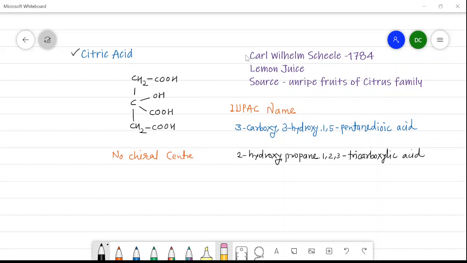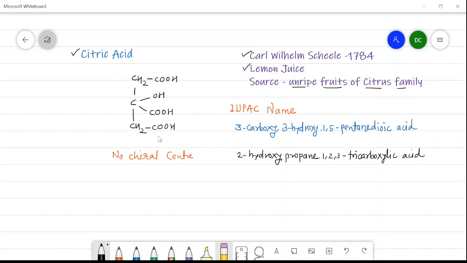It was first isolated by the same scientist, Carl Wilhelm Scheele, but it was isolated before malic acid, in 1784. Malic acid was isolated in 1785. It was isolated from lemon juice, and the source of this citric acid is the unripe fruits of the citrus family. This family gives citric acid.